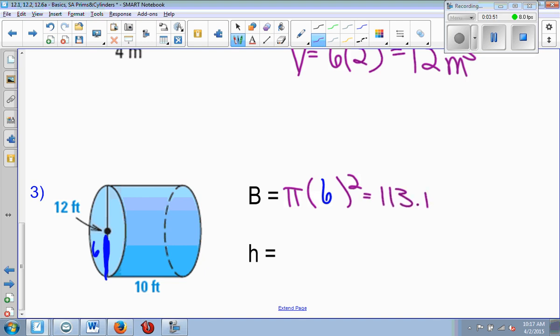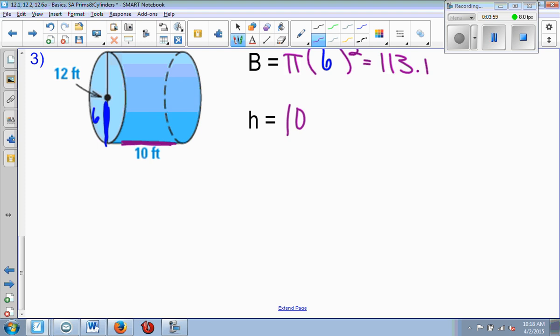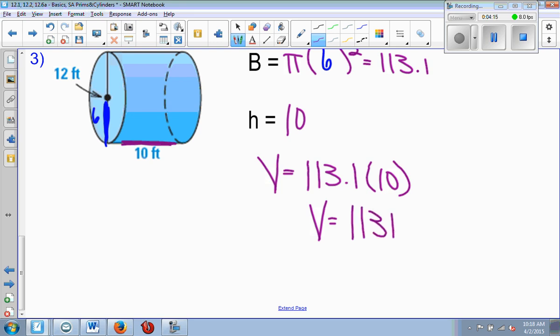The height of the cylinder is the distance between the circular bases, so in this case, 10 feet. Finding the volume of the cylinder is just area of base multiplied by the height. So 113.1 multiplied by 10 is going to give me a volume of 1131. And then my units will be in cubic feet, so feet cubed.